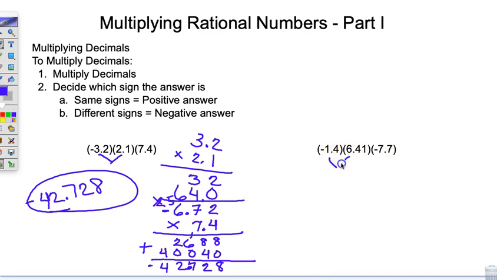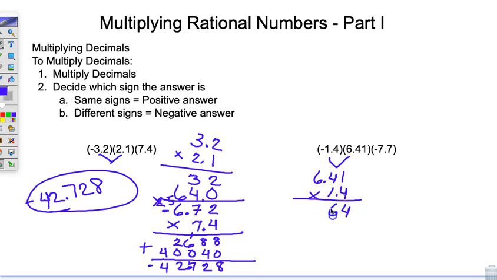I'm going to multiply these 2 together, and then I'll multiply it times the third. It looks like I'm going to have a negative answer, but then when I multiply it times this one, I will end up with a positive in the end. Okay, since 6.41 has the most digits, I'm going to put that on top and multiply it times 1.4. So I get a 4 here.